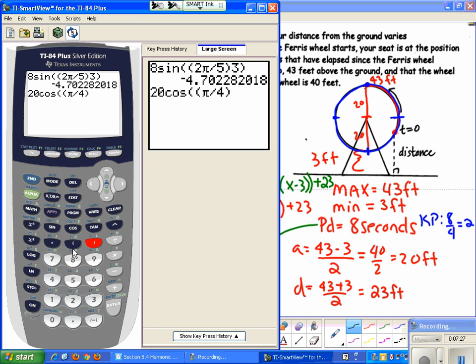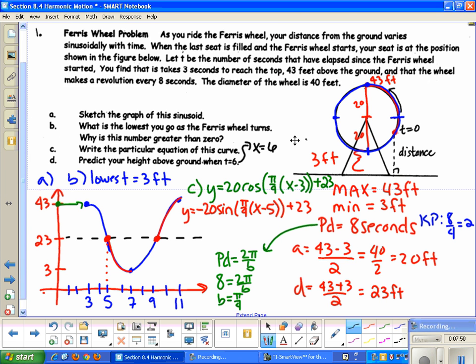So 6 minus 3, because that was my phase shift. Don't forget to close your parentheses, and then plus 23. So when I do that, I get 8.857 feet, so 8.86 feet.